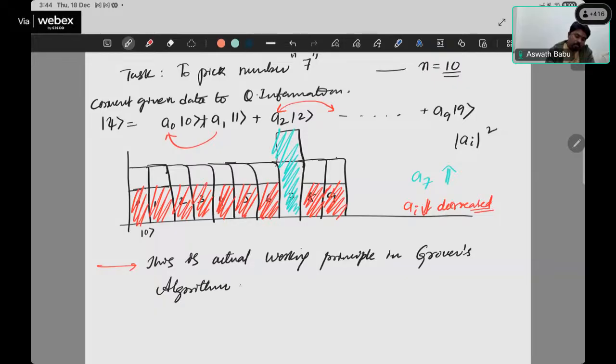What Grover's algorithm does is that the required number's probability amplitude is increased, and all the other numbers which I don't want have their probability suppressed. So this is the quantum computing application where interference is being used.